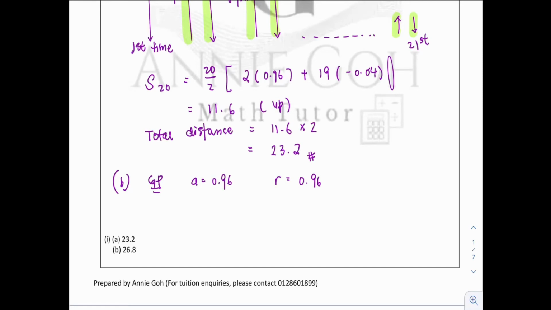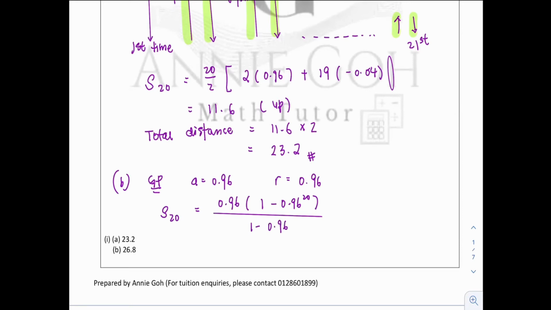So now we need to find out the total distance traveled by model B, which is following the GP progression. So the S20, the sum of the 20, should be equal to, according to the formula, A, 0.96, times 1 minus the R power 20, so it's 0.96 power 20, over 1 minus 0.96.